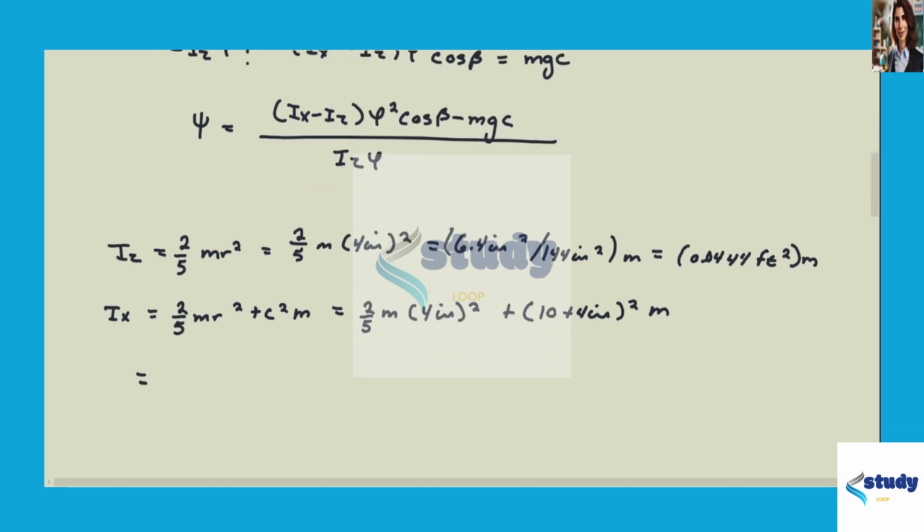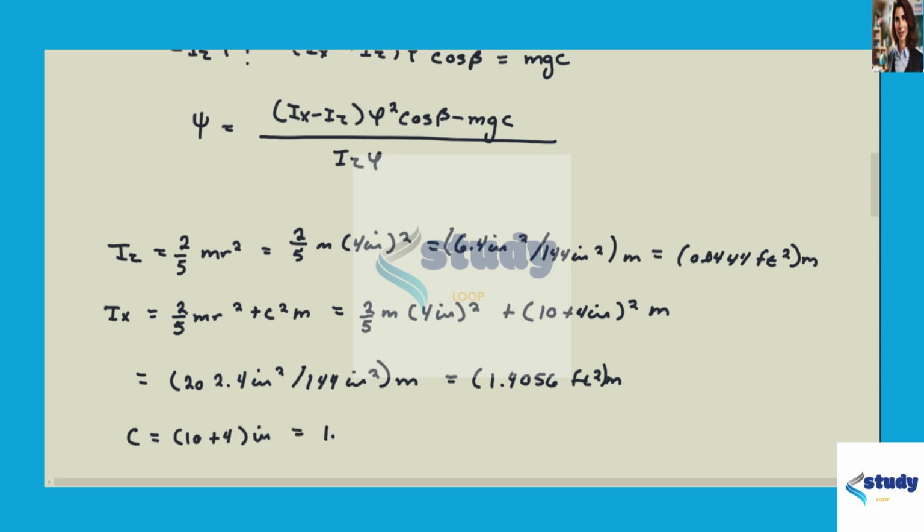And now we have 202.4 inches squared divided by 144 inches squared m equals 1.4056 feet squared m. And your c is just going to be 10 plus 4 inches, which gives us 1.1667 feet.